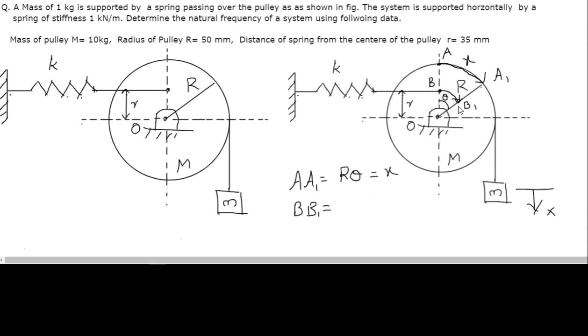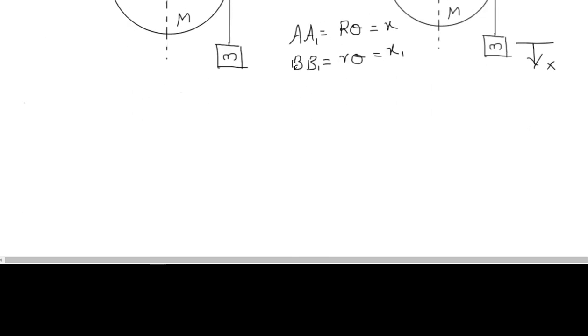So this arc length cut by B dash will be equal to small r into theta. That will be equal to x1. I am calling it x1. If you know this analogy, then the equation becomes easier.